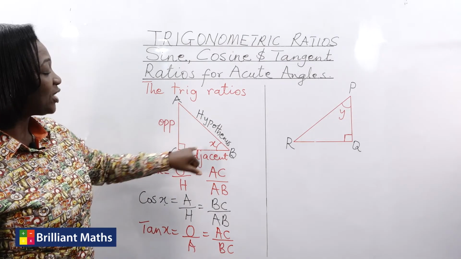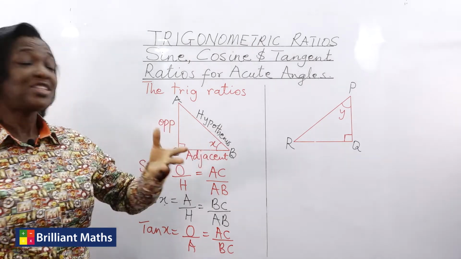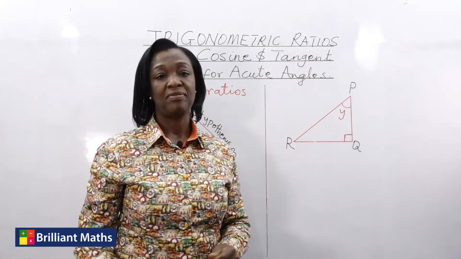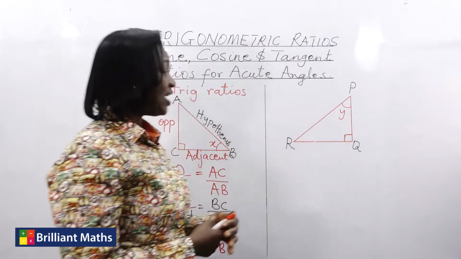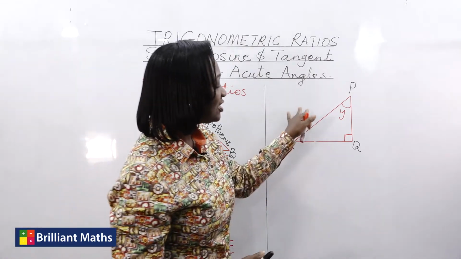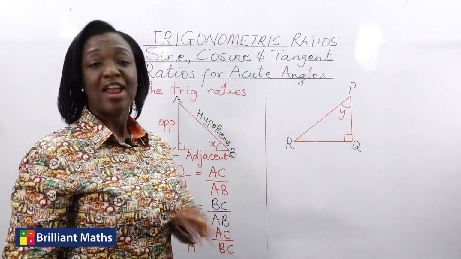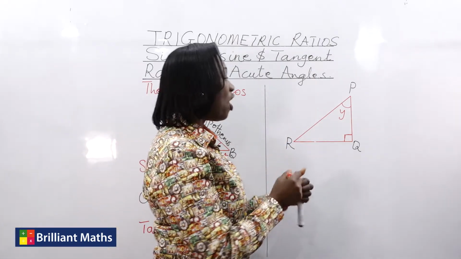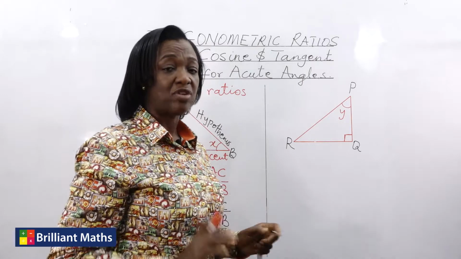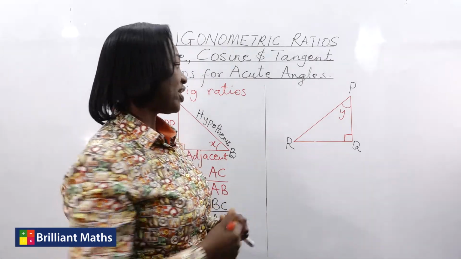We have our angle at the bottom here. So what if the angle is on top? Does it differ? The hypotenuse remains the side opposite the right angle. So that's the slanted side, and it's very easy to identify. Always label the sides of your triangle so you'll be correct.